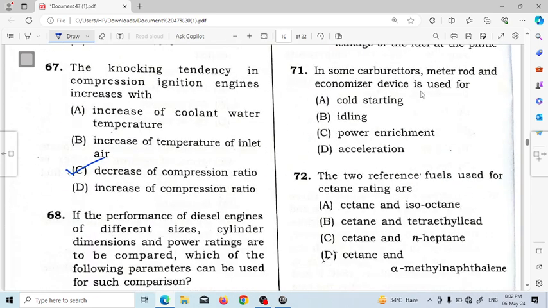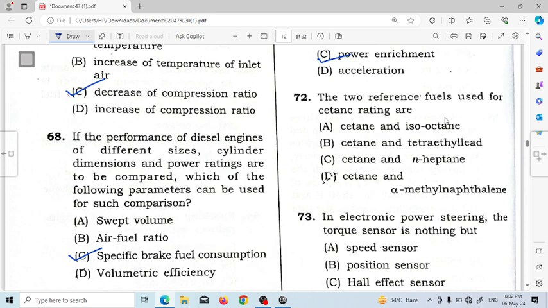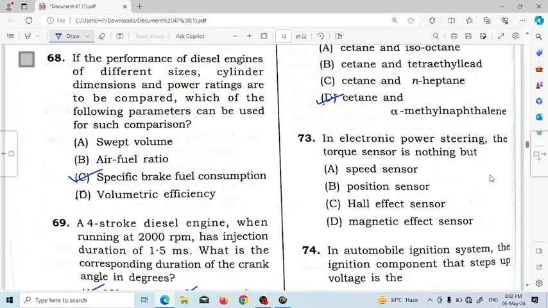In some carburetors, meter rod and economizer devices are used for power enrichment. Option C is the correct answer. Two reference fuels used for cetane rating are cetane and alpha methyl naphthalene. Option D is the correct answer.